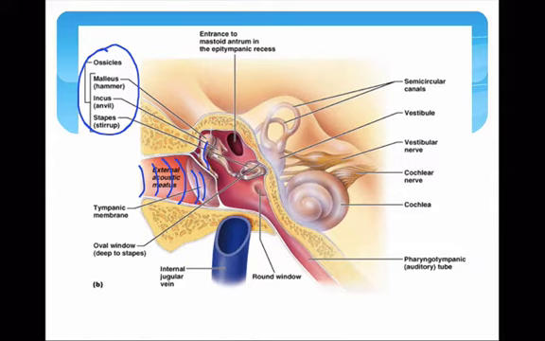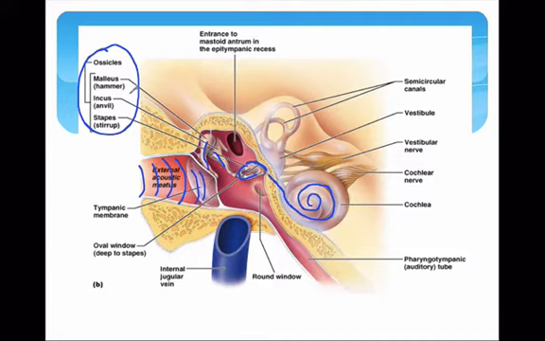And that hammer beats on the anvil. The anvil, in turn, vibrates the stapes, which does look like a horse stirrup. And so what these 3 bones do is they amplify these sound vibrations. And so it acts as an amplifier, and that presses on what's called the oval window, which, as we're going to find out, makes some fluid move around, which is going to go in here, inside the inner ear.